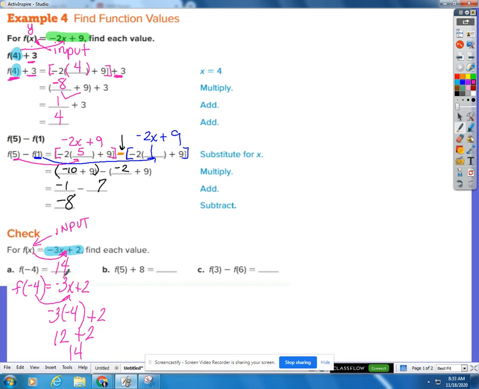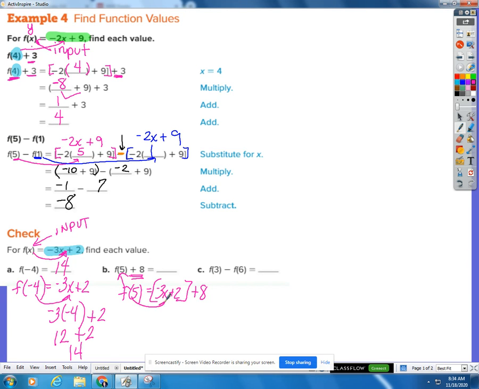In letter B, we are going to add 8 after we do a function of 5. So a function of 5 is equal to negative 3x plus 2. There's that expression for the function of 5, and then we're going to add 8 to that.